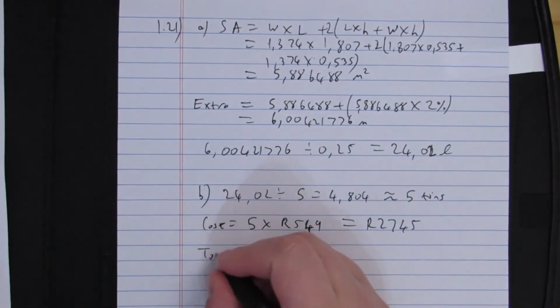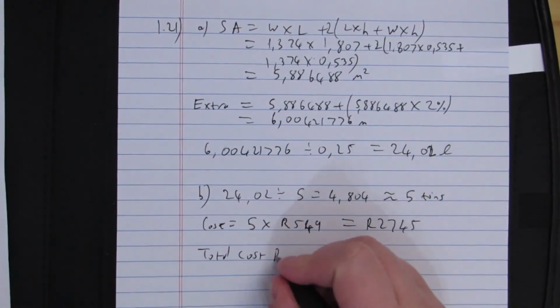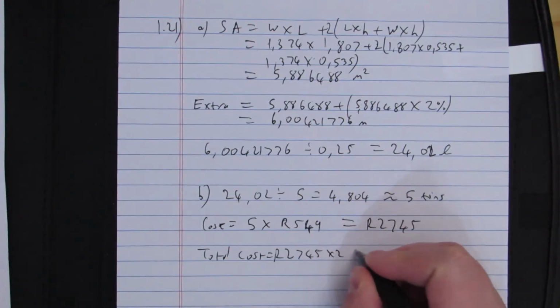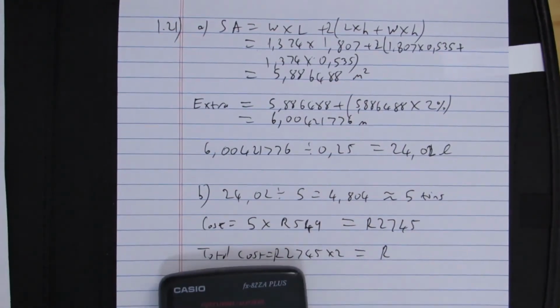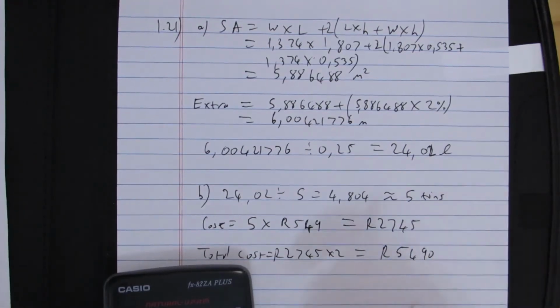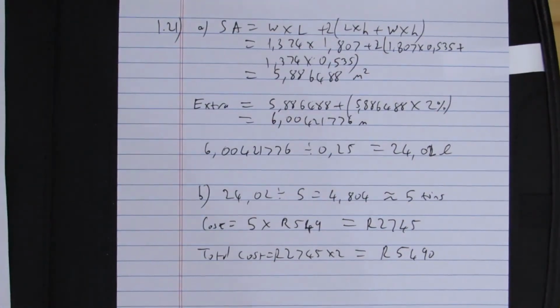So the total cost is going to be twice that: 2,745 times 2, which is going to be 5,490 Rand in total to cover the load bed.